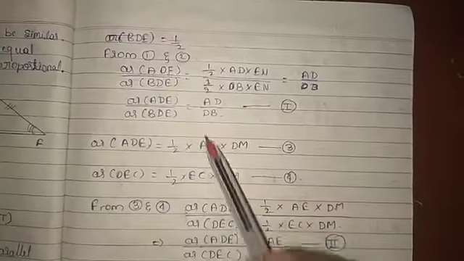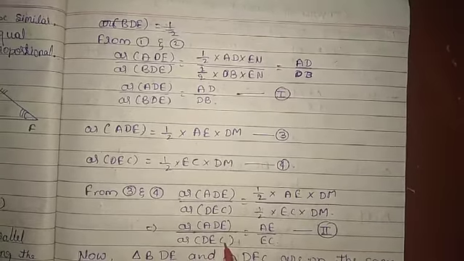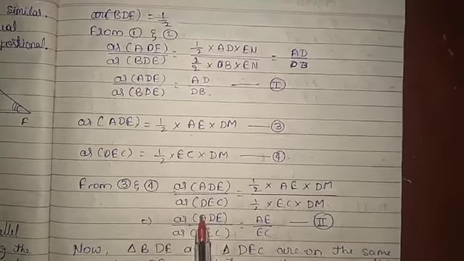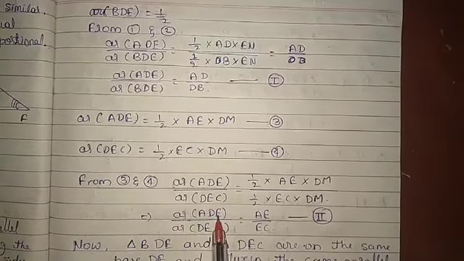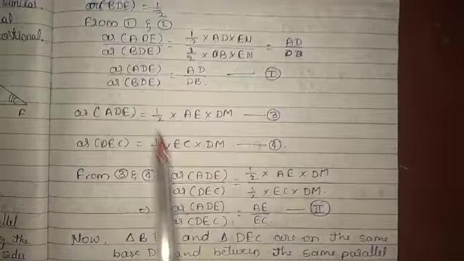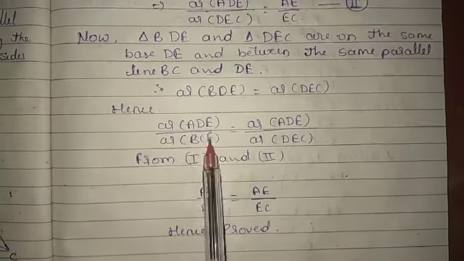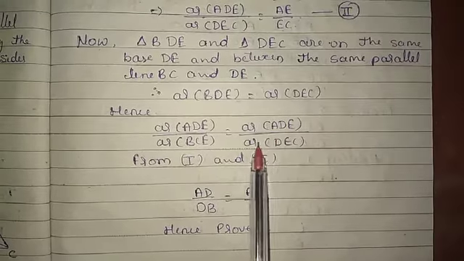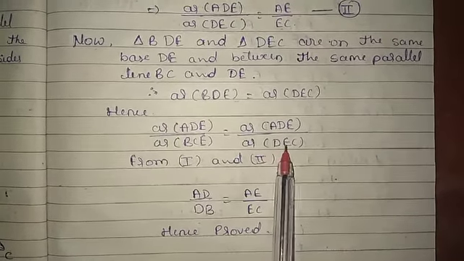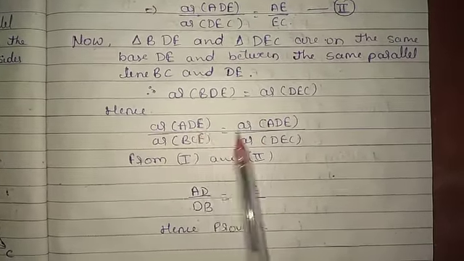In the equation, area of ADE is equal to area of ADE, which is also equal. So area of ADE divided by area of BDE is equal to area of ADE divided by area of DEC.